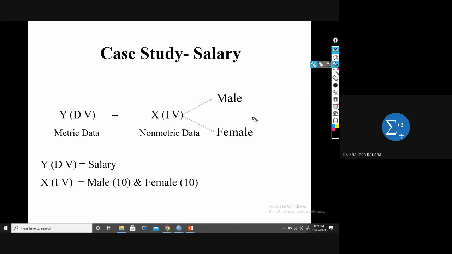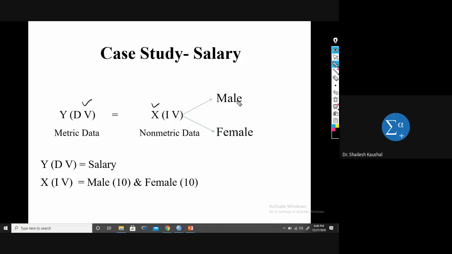So there are two variables, meaning two questions. One is the dependent variable, salary, and another is non-metric data. So what will we do?